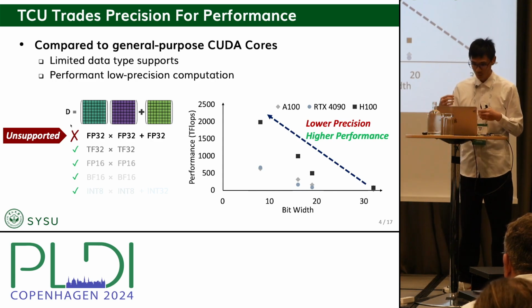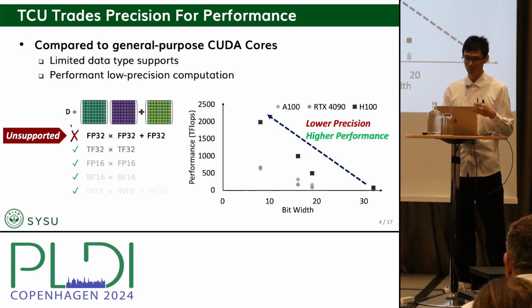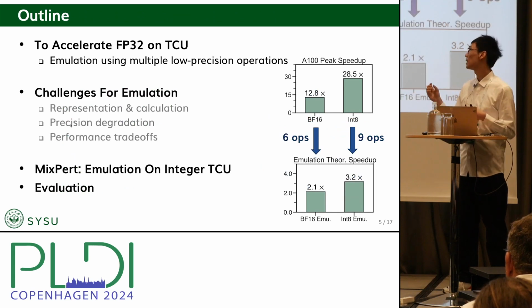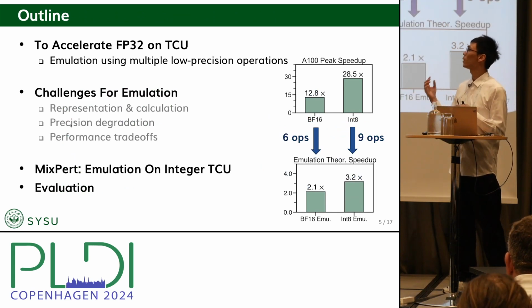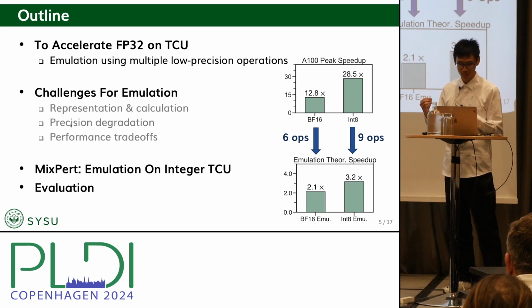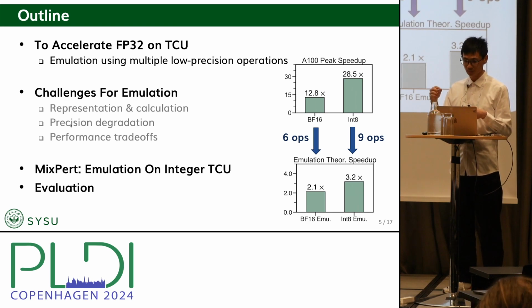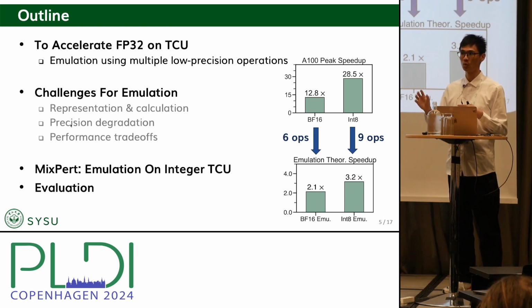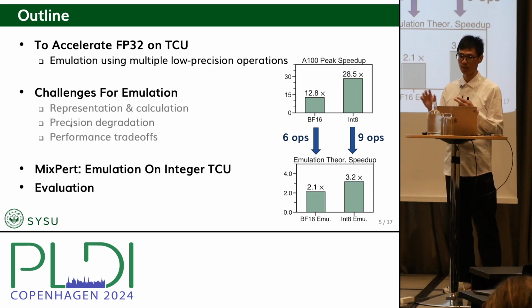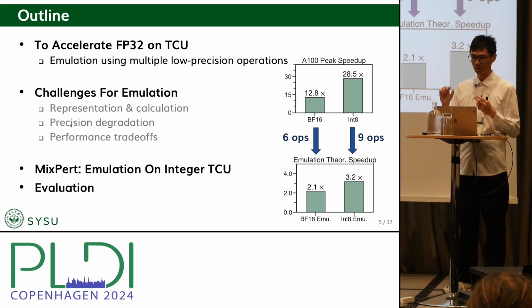So to bring the performance benefit of the Tensor Core units to accelerate FP32 computation, we can emulate it using multiple low precision operations to correct the errors introduced in these low precision computations.